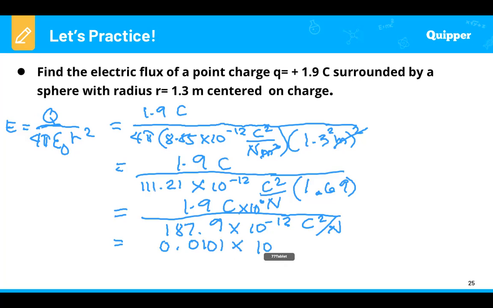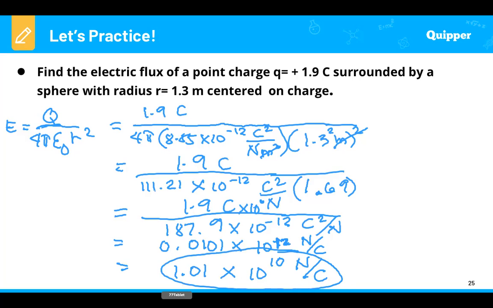Multiplied by 10 raised to negative or positive 12. Because it will become 0 minus negative 12, that is positive 12. And then our unit will become N over C. Let us simplify. So it will become 1.01 by 10 raised to 10 N over C.